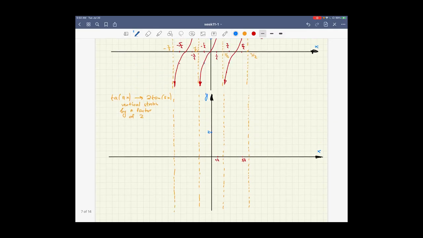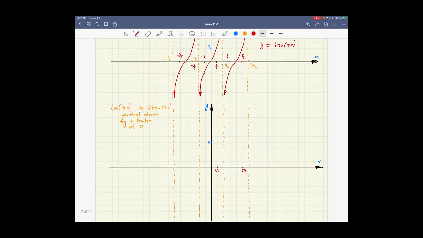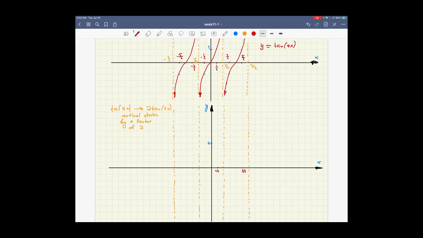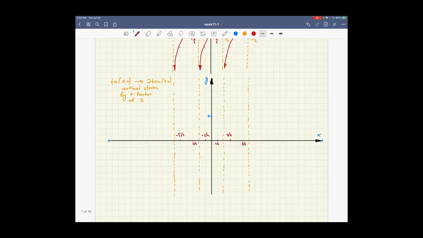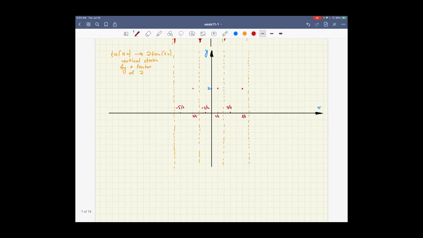And likewise at these points, negative 5/4, negative 1/4, and 3/4, the values will be negative 2 instead of negative 1.